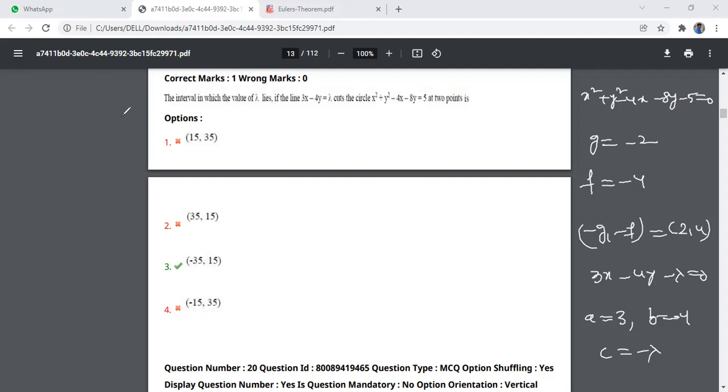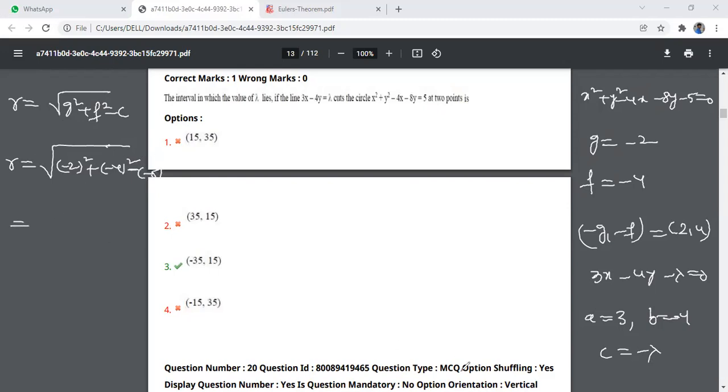And one more thing we have to find is the radius. R is equal to under root g square plus f square minus c. This you will get from the circle. What is g? 2 square, minus 2 square plus minus 4 square, minus of minus 5.